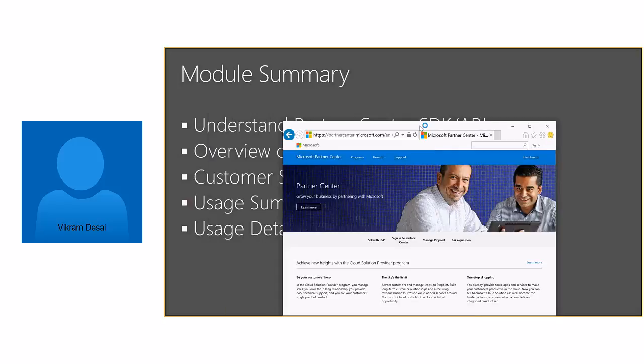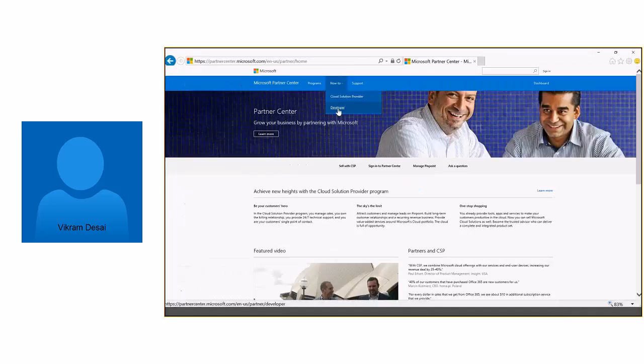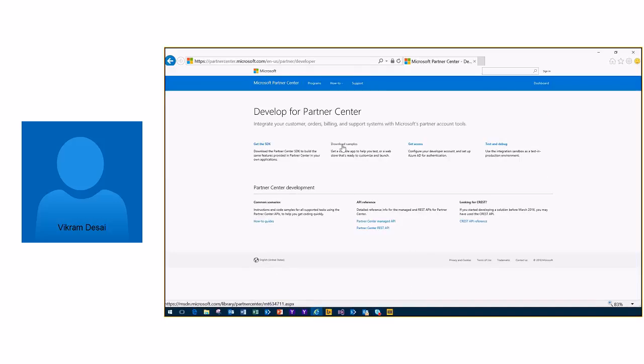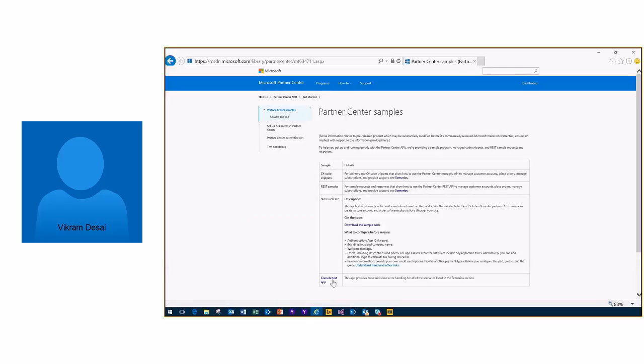If you want to get usage beyond just the current month, you can do that using the examples on GitHub. If you go to partnercenter.microsoft.com today, go to developer, and then download samples. This console test tab is the samples I was referring to.